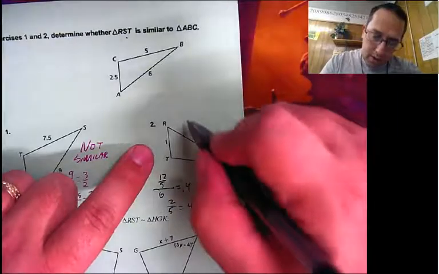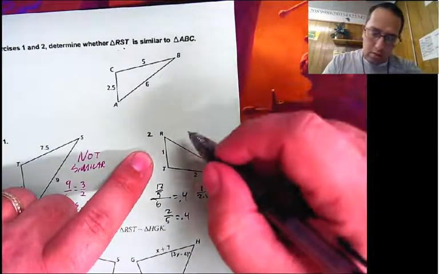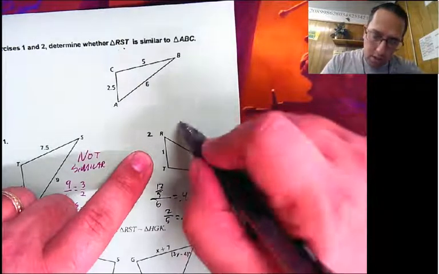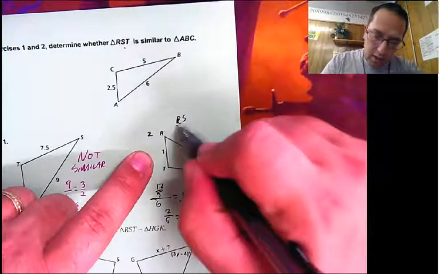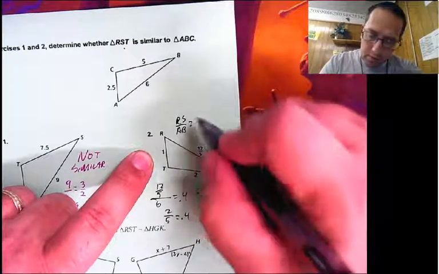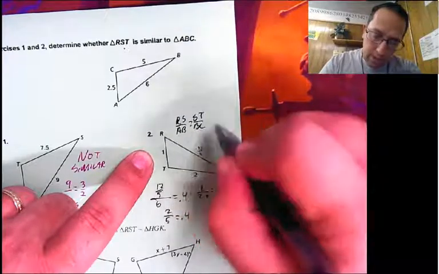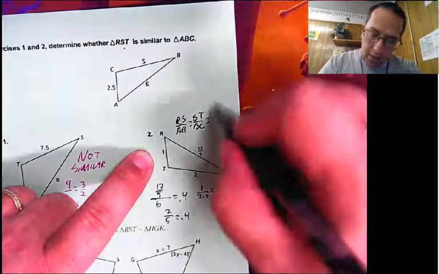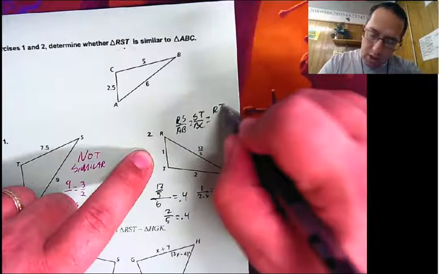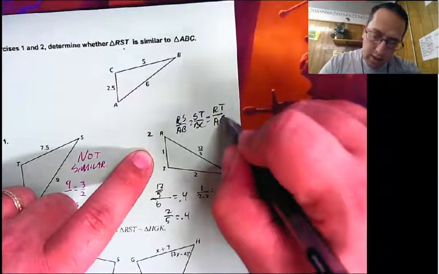So I'm going to write it like this. This is just a way that they like us to write it. It's a little ratio thing. So we're going to say that RS over AB equals ST over BC, and that equals RT over AC.